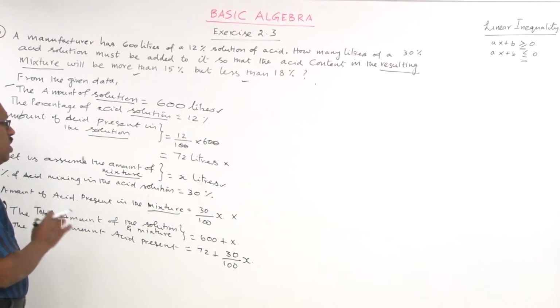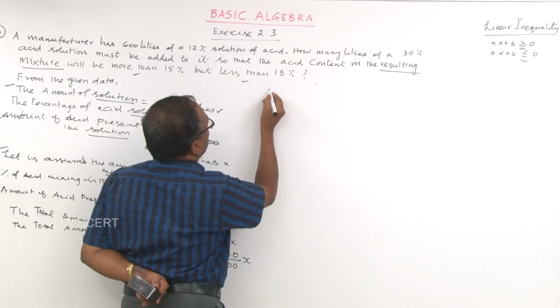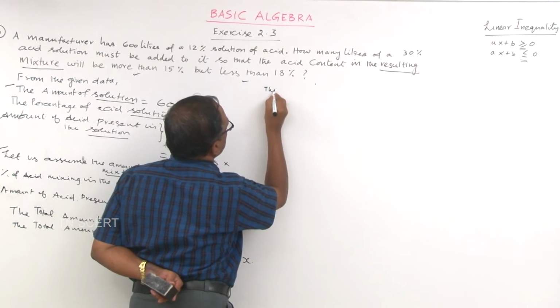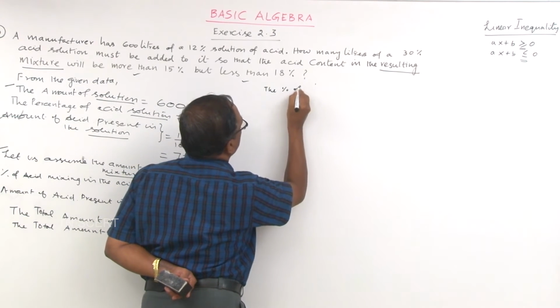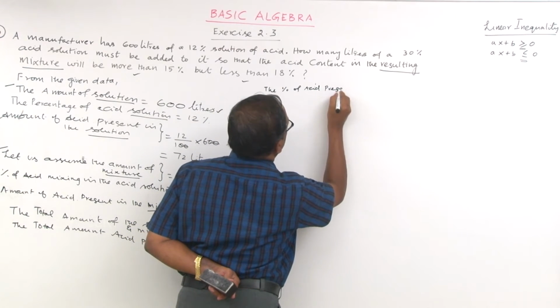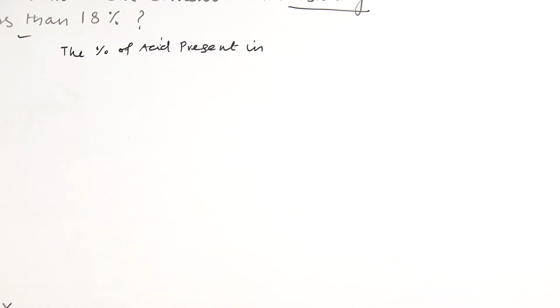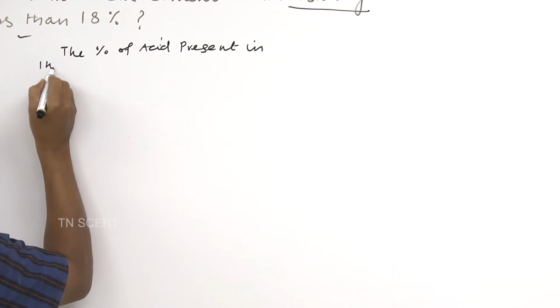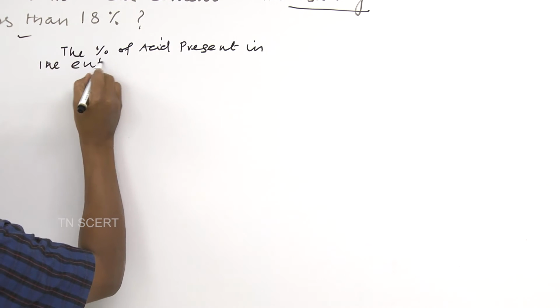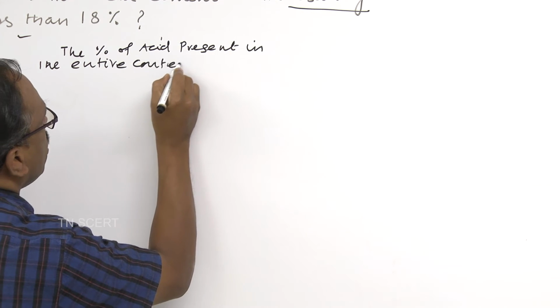So the total percentage of acid present in the total mixture solution is what? Now let me take into account the percentage of acid present in the entire content, or total content, the entire content of the mixture.